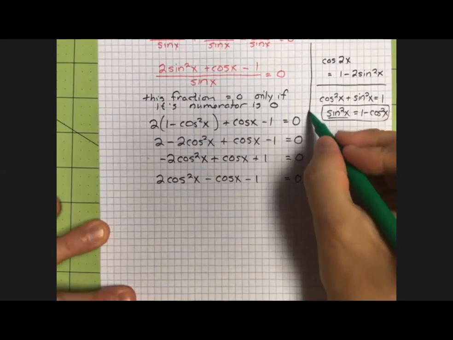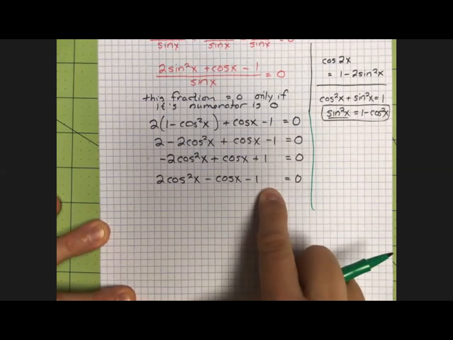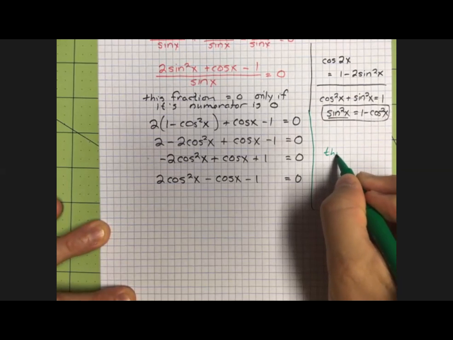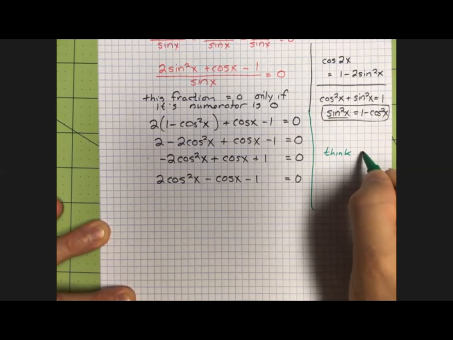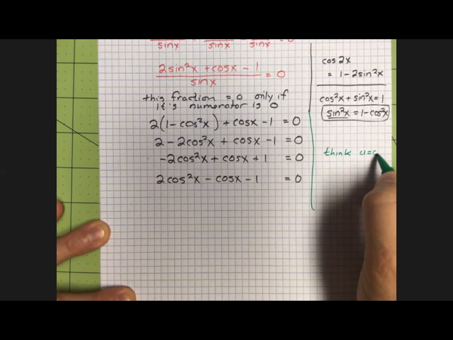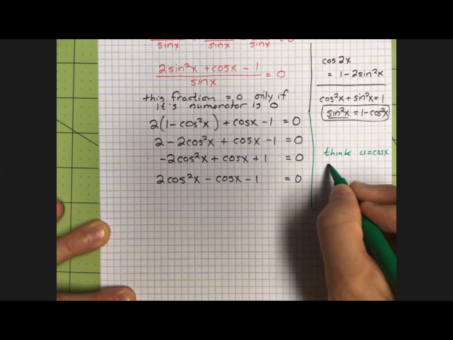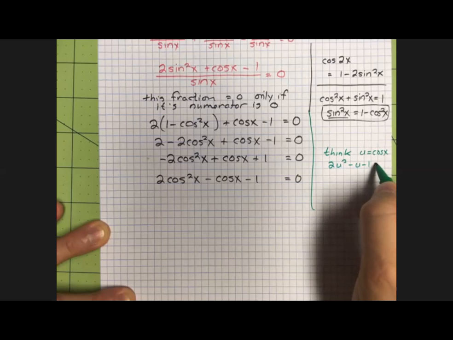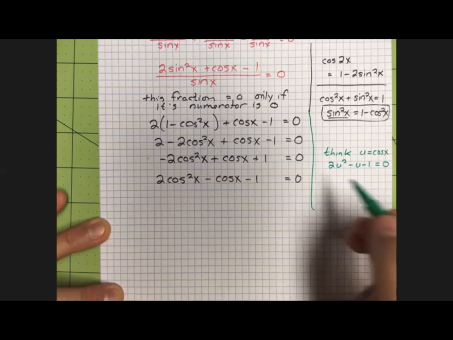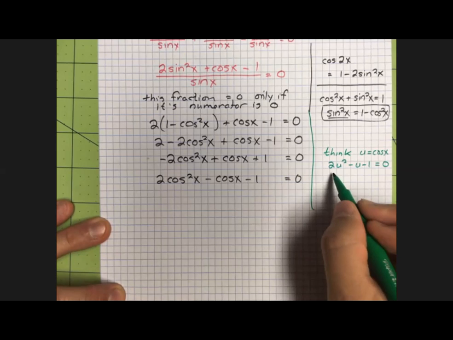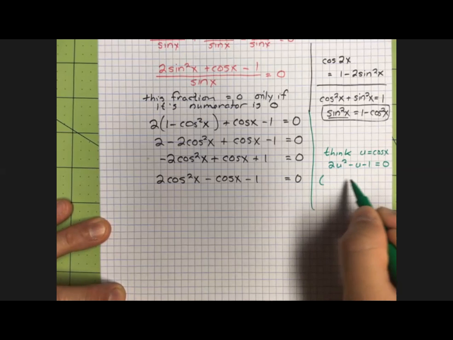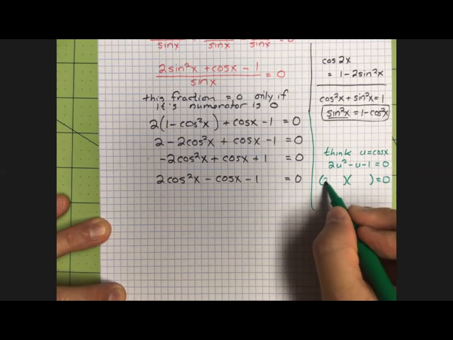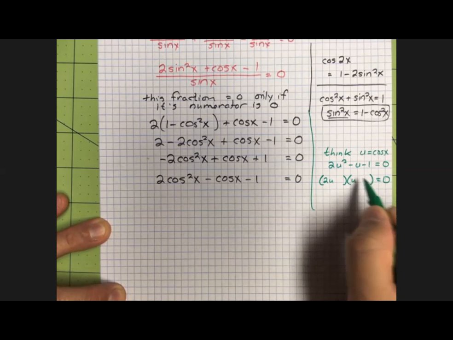Now what am I looking at with this quadratic equation here? Oh, I wonder if this factors. So think about u in place of the cosine x. Could you factor something if it said 2u squared minus u minus 1 equals 0? And if it doesn't factor, I'll use the quadratic formula, but let's see if this factors. The numbers are so small that it's worth trying. 2u times u.